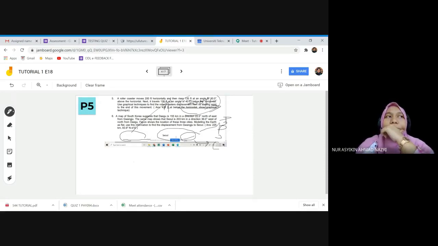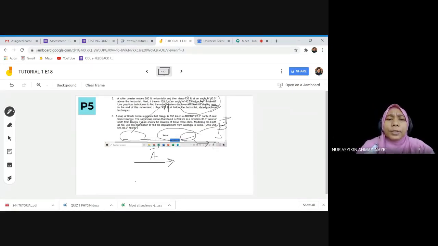200. Okay. 200 feet in this direction for your vector A. Okay, so don't need to use any protector lah sebab dia in line with your X. And then 135 feet at an angle 30 degree above the horizontal.